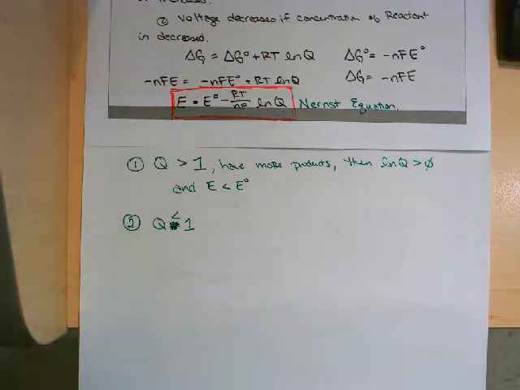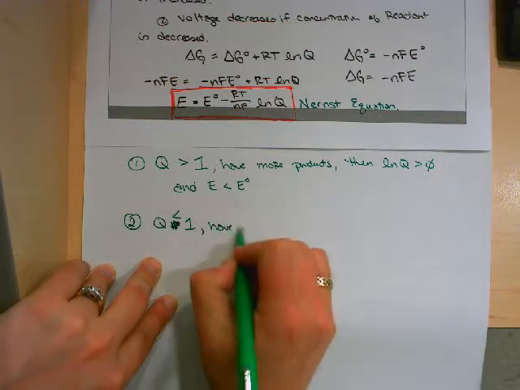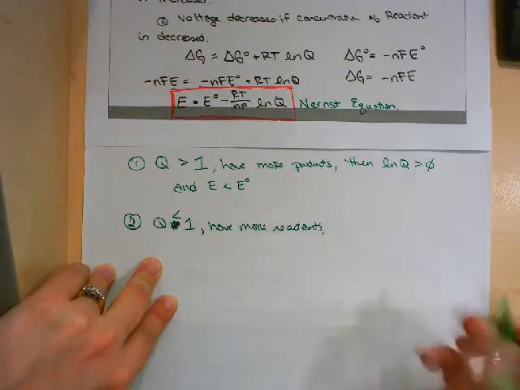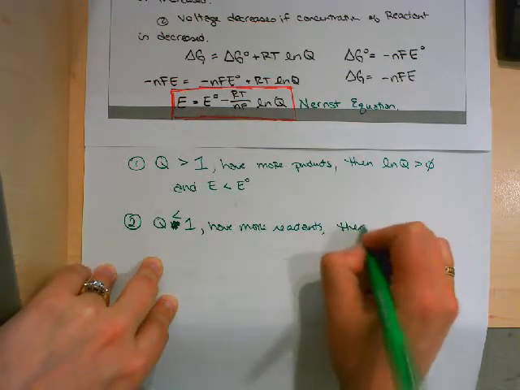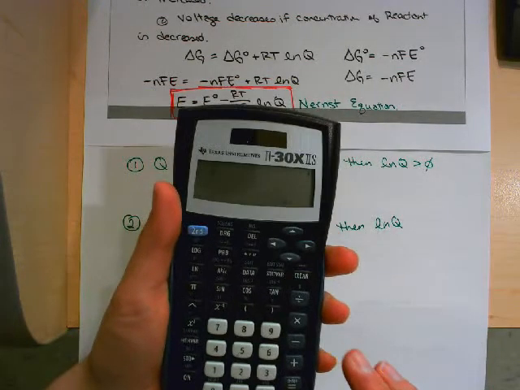What if I have Q less than 1? What do I have more of, products or reactants? What's the natural log of Q if it's less than 1? Positive, negative? Don't know. We'll double check.